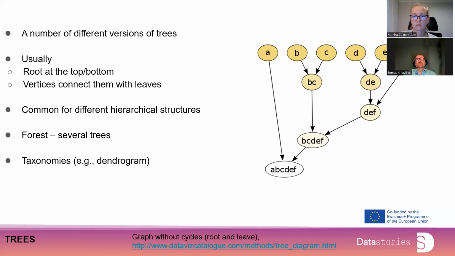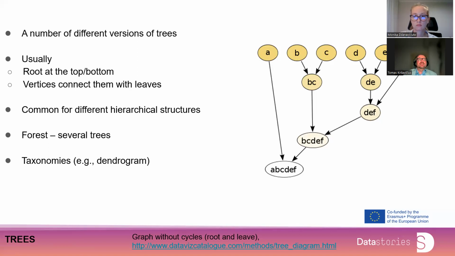You start from some root. And for example, in this case, we see how we merge some objects together into one object. But if you look usually at the hierarchical structure of some state or organization, you see the main leader at the top, and then you see lower echelons below.